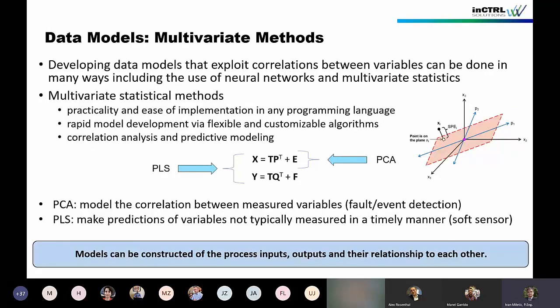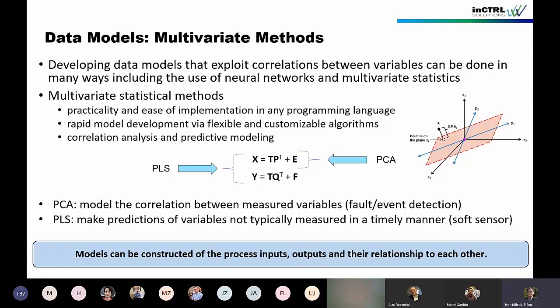Now, the applications of multivariate methods and the statistical modeling of groups of variables. There are 2 general approaches in this latent variable kind of framework that's part of multivariate statistics. One is PCA, which is a principal component analysis.